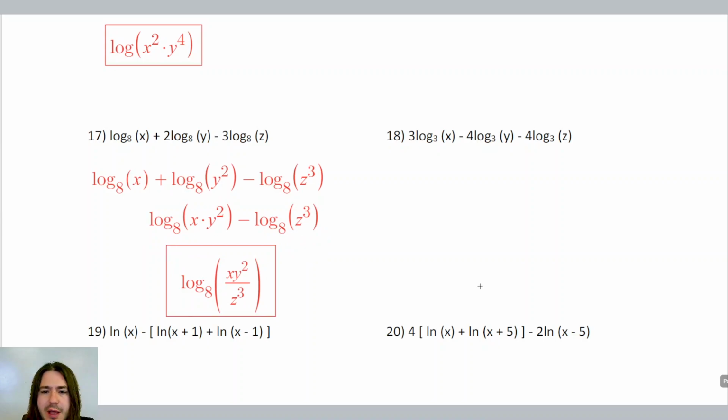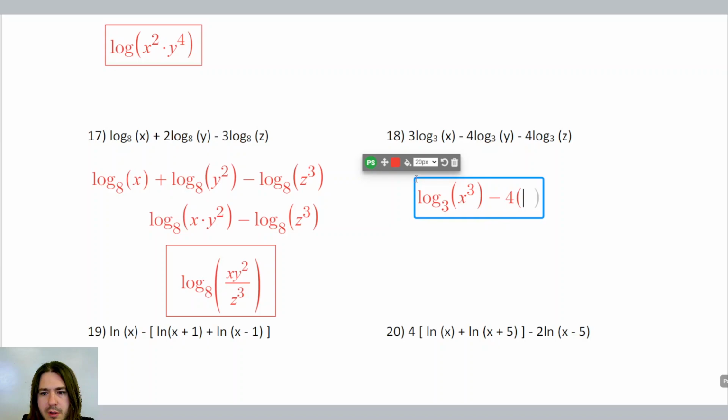Number 18, like I said, I'm going to try to work that out a little faster. So let's see, we've got log base 3 of x cubed minus 4 minus log base 3 of y to the 4th minus log base 3 of z to the 4th.